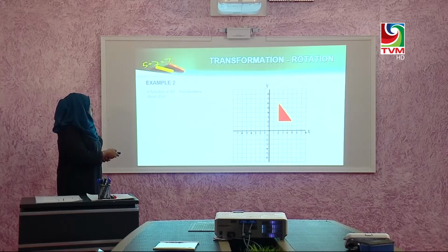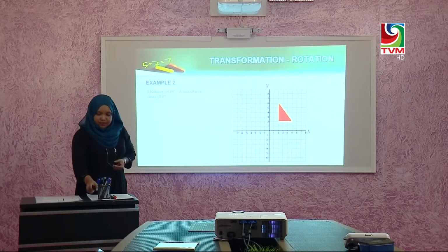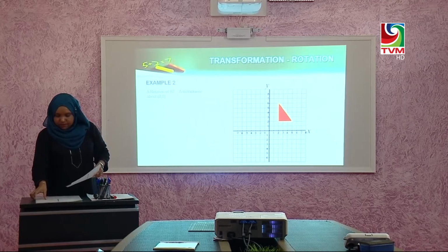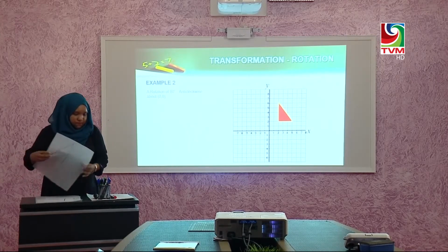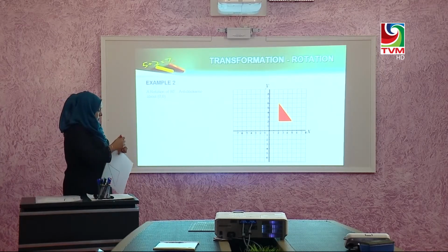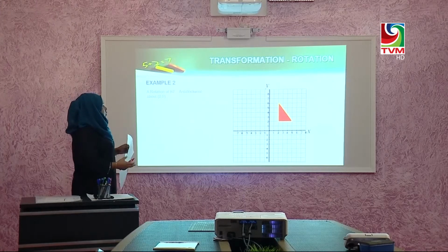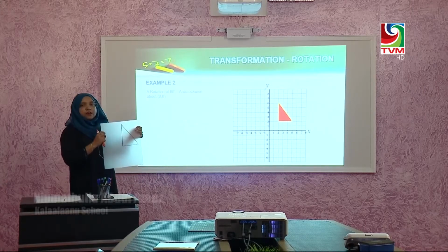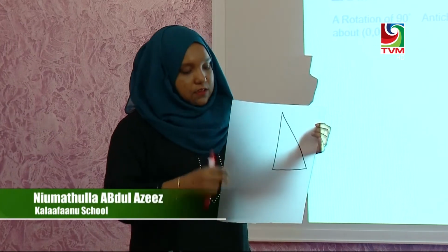Here is our object. We have to rotate it 90 degrees anti-clockwise. I am going to follow the same steps using tracing paper. You can do this in your exam as well.